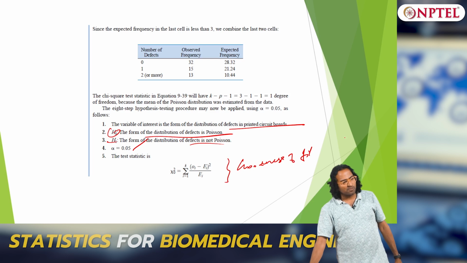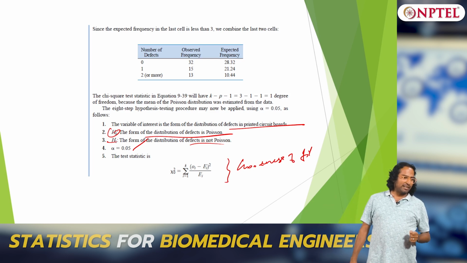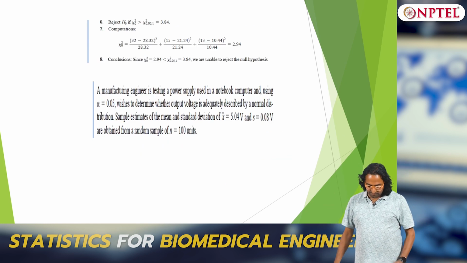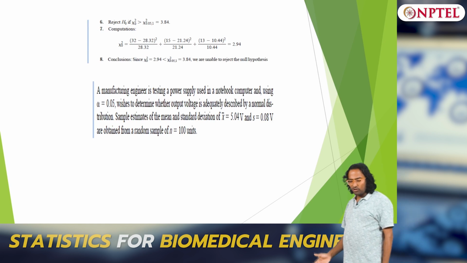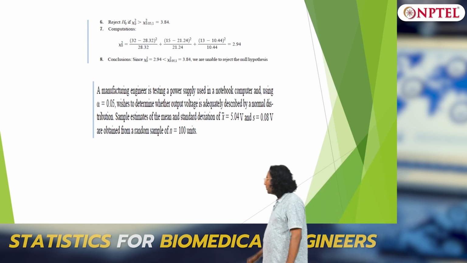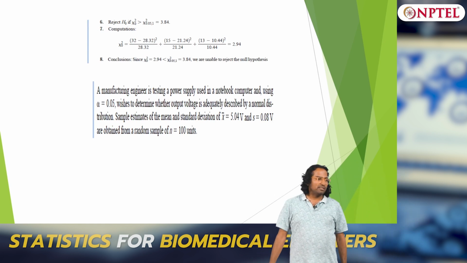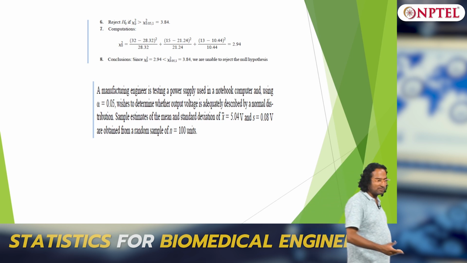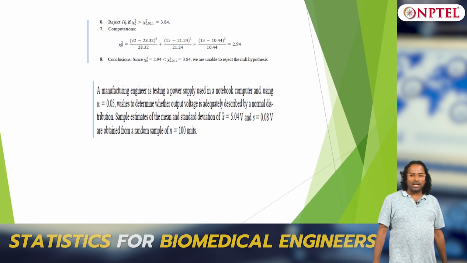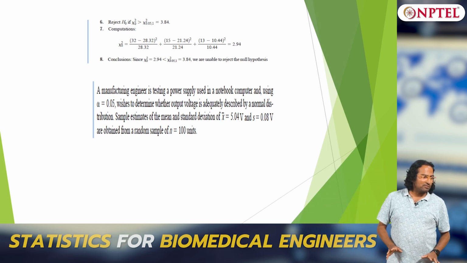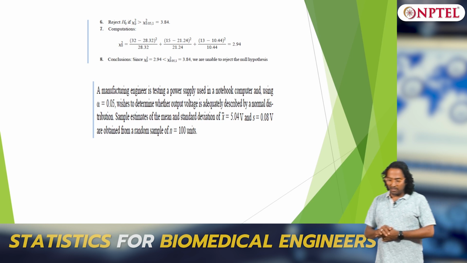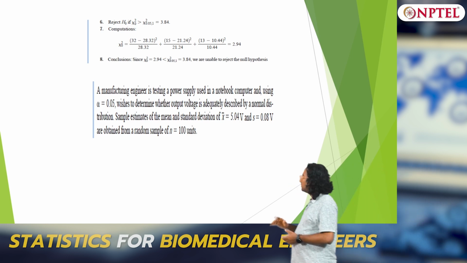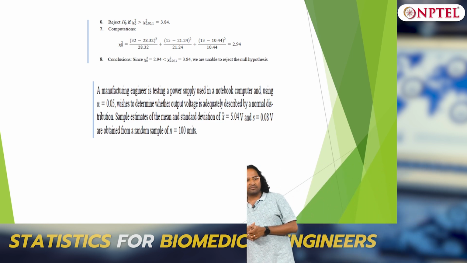We are fitting a distribution to the underlying data. So compute it. In this case, you are unable to reject the null hypothesis. That means it is following a Poisson; at least you are not able to say that it is not following a Poisson. So you can do the computations.